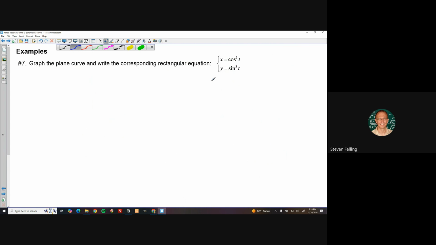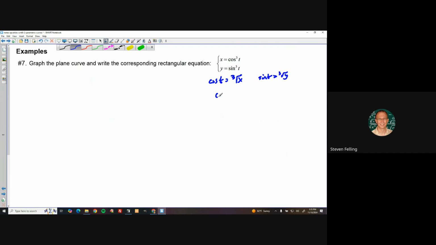If we take the cube root of both sides, cosine of t would equal the cube root of x, right? And then I could actually do the sine as well. Sine of t would equal the cube root of y.